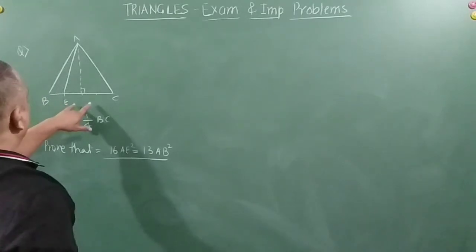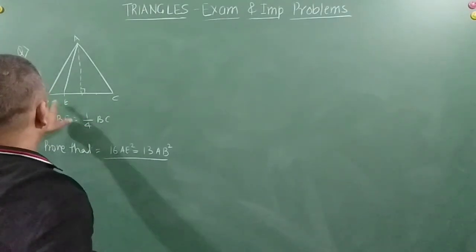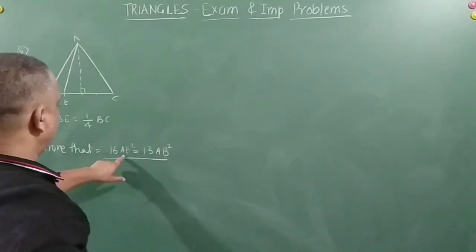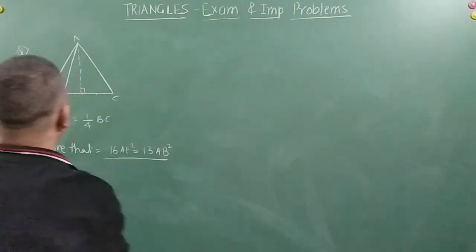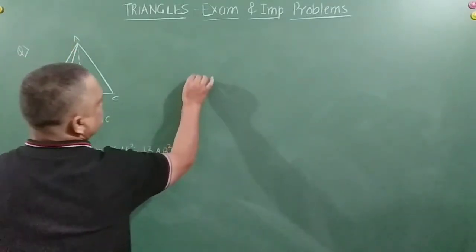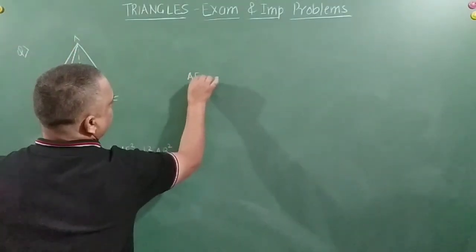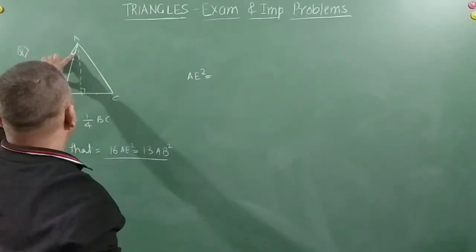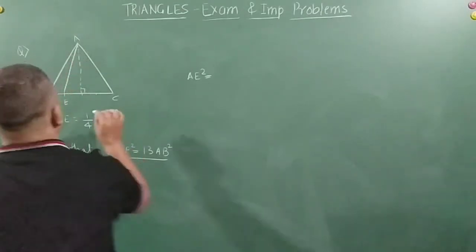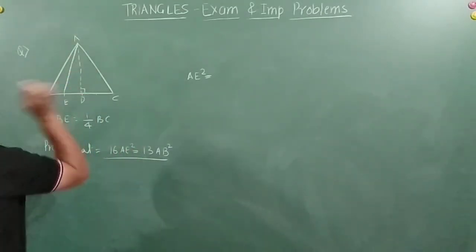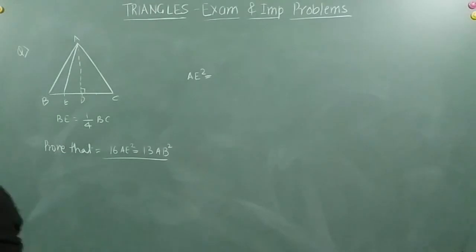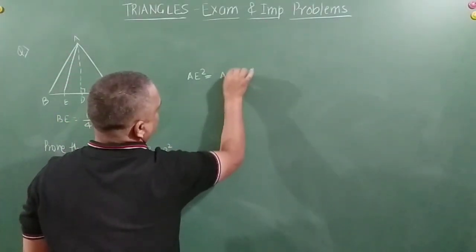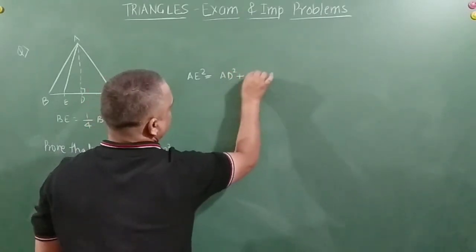So what we can do here, friends, is that BE, 16 AE square is equal to 13 AB square. So first of all, AE square, let's call this ABC, and let's call this D. So friends, AE square can be written as AD square plus ED square.